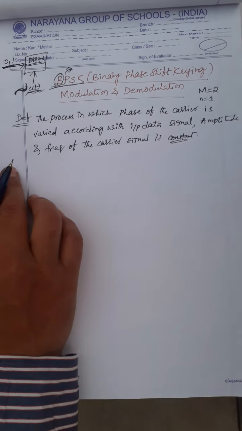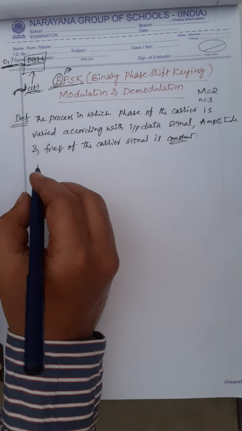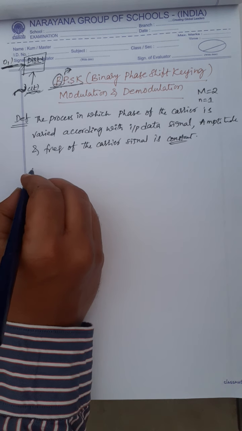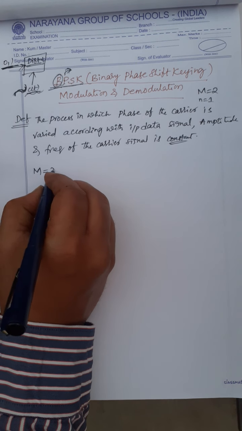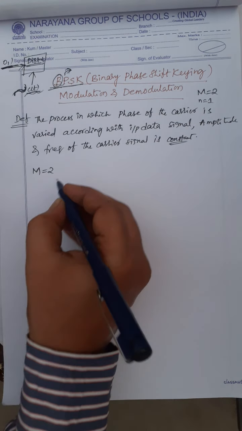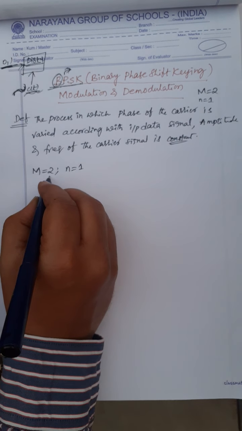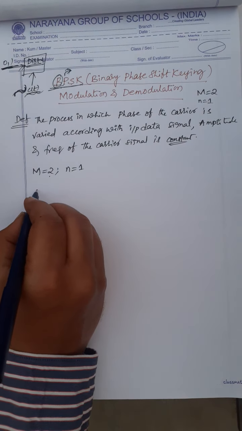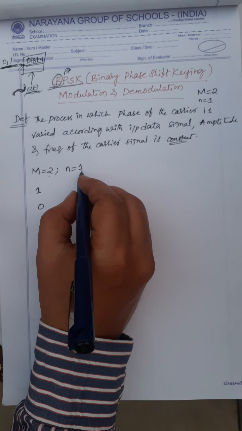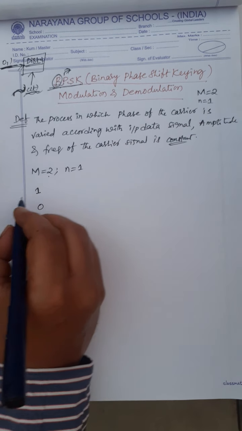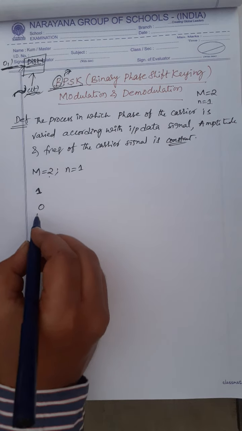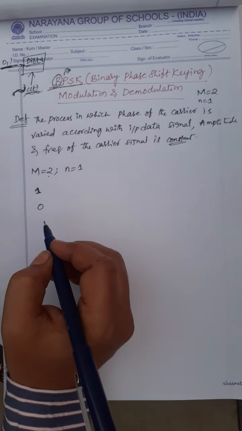Now, why is it called binary? In M-ary signaling, I am putting M equal to 2, which means n value is equal to 1. M equal to 2 levels, that is bit 1 and bit 0, and n equal to 1 means in a single Tb duration we can transmit either bit 1 or bit 0.